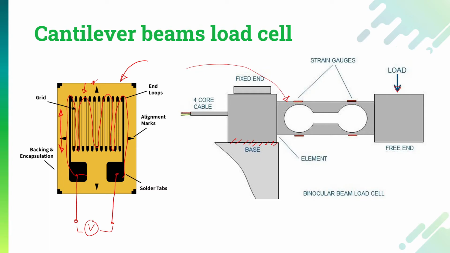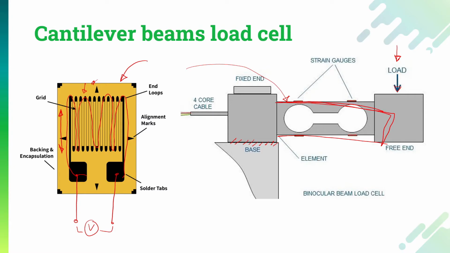Whenever I apply the load on the free end, what will happen? Over here, the upper part of the load cell will get expanded, something like this, because there is a bending moment generated, and this particular part will also move something like this. I'm showing a somewhat bigger expansion so you can understand how this will occur.